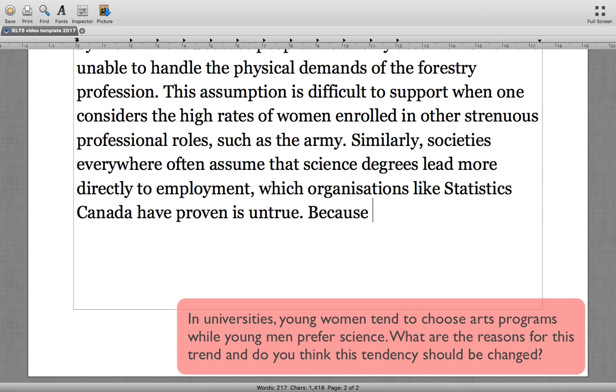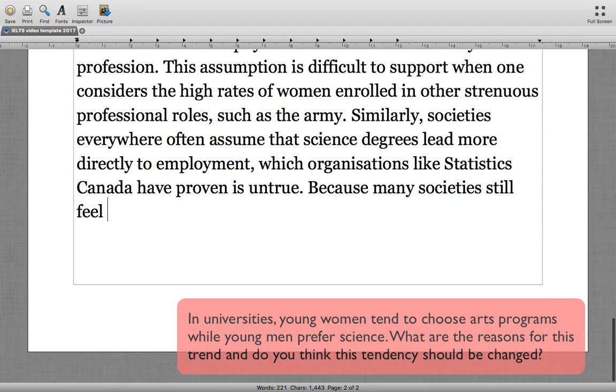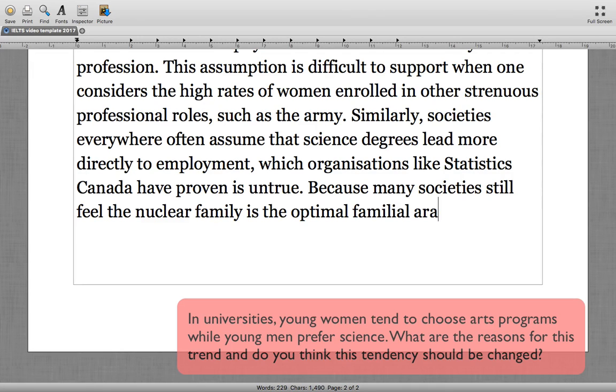Because many societies feel, or we'll say still feel, the nuclear family is the optimal familial arrangement.